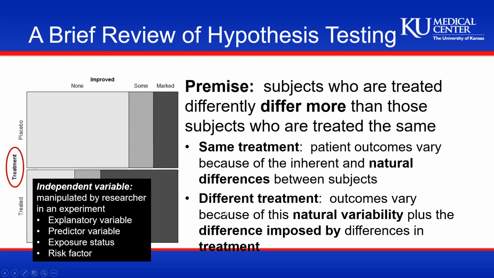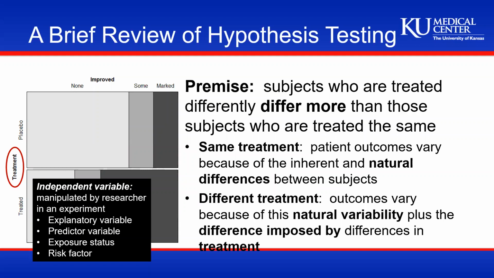I've been using some terminology I probably better very quickly define before we move forward. The independent variable is the variable that's being manipulated by the researcher in an experiment, or it is the hypothesized cause of variation in the dependent variable. But this nomenclature actually varies from field to field.